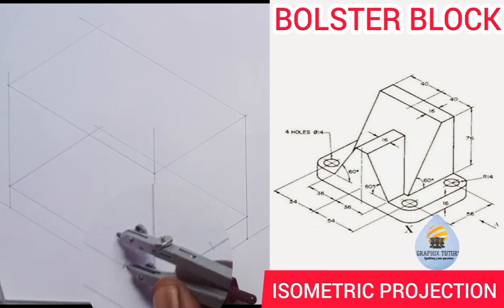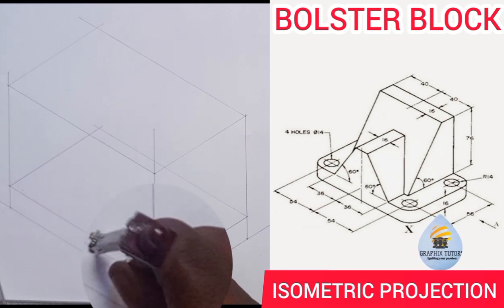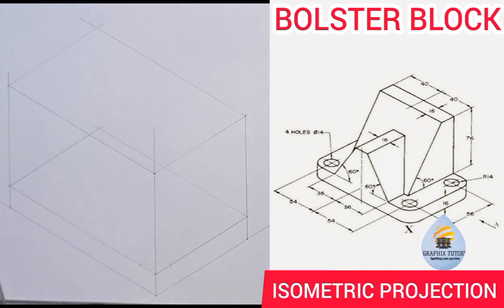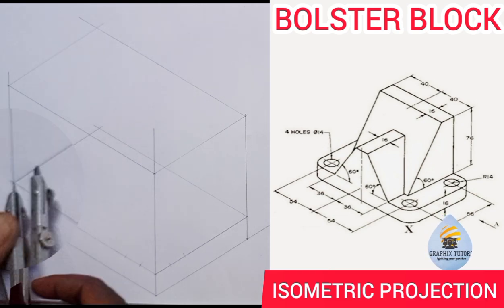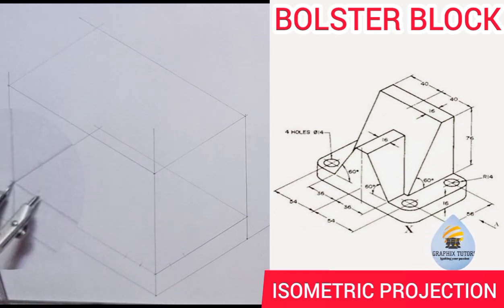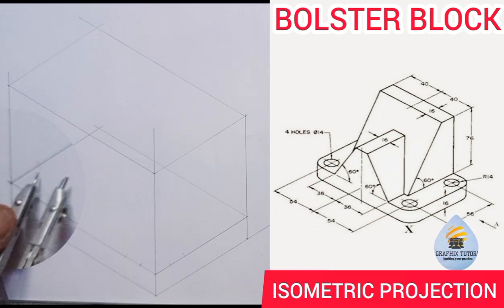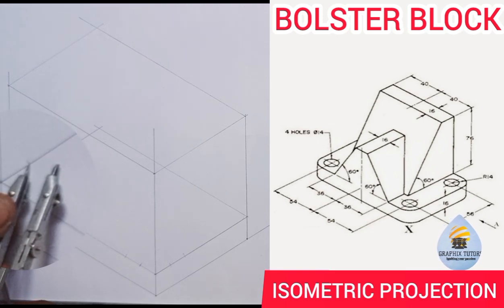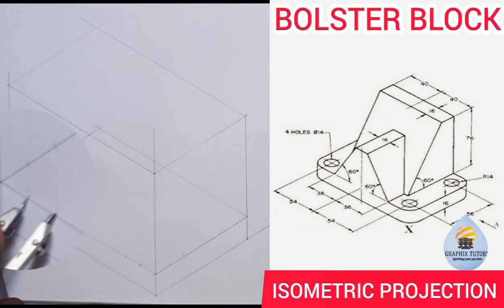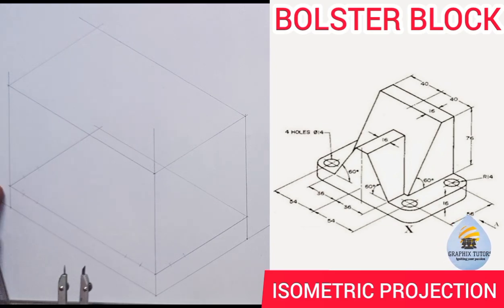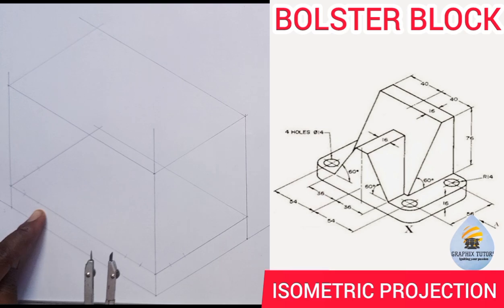I'll come here to here. I'll cut here. I'll do the same thing for this point too. I'll cut here and I'll cut here. I'll come to this point too. I'll cut here and I'll come to this point too. I'll cut here. Since we are given radius, the reason why we're doing it double is because we want diameter.